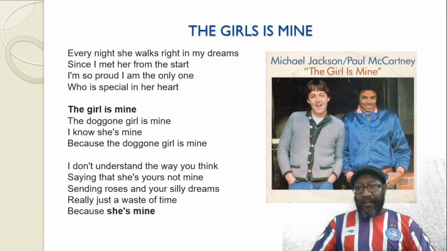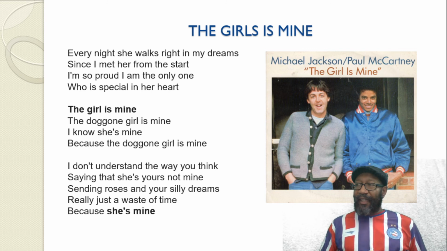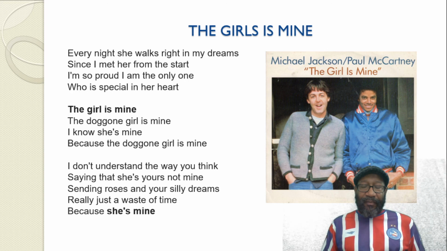So there's this girl, and Michael Jackson and Paul McCartney both fall in love with her, and they kind of fight against each other for this girl. So you can see in the structure, the girl is mine. So you don't need to say the girl is my girl. It could be repetitive. So you use the possessive pronoun to avoid repetition in this structure, right?